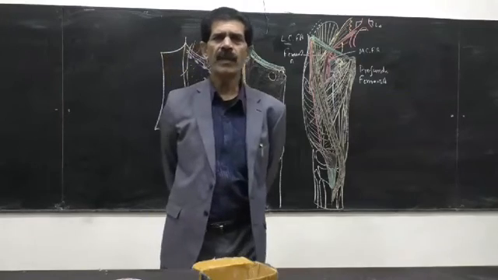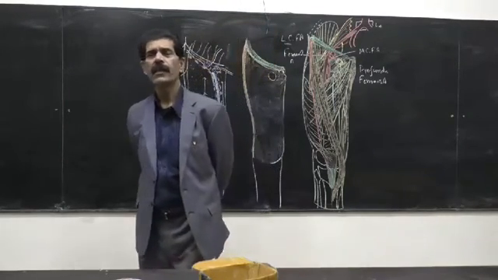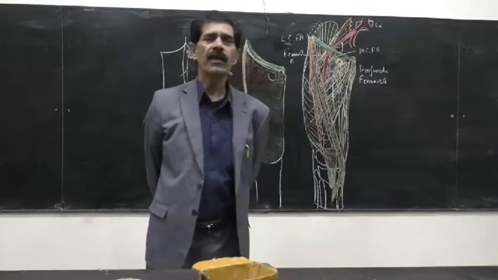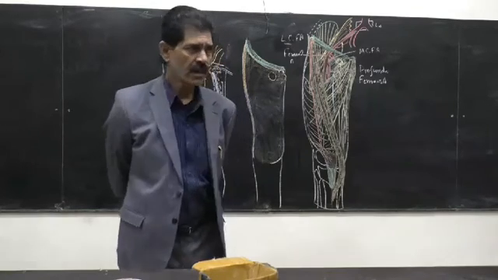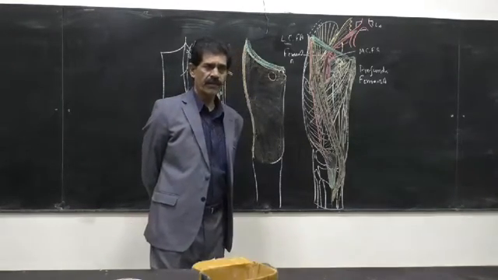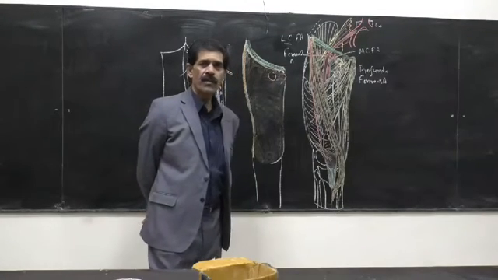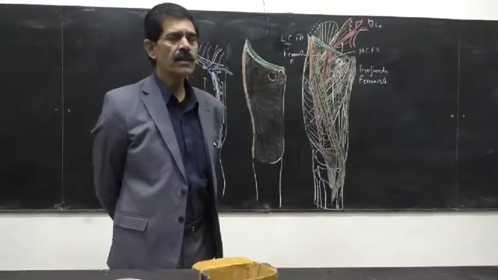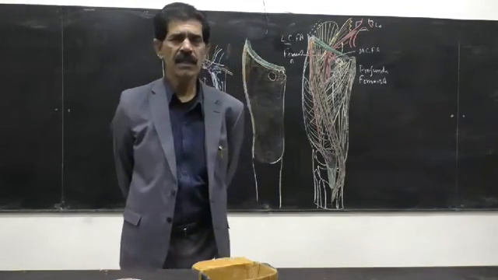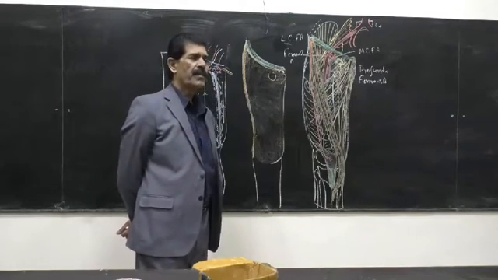From these openings, they go to the posterior part of the thigh and supply the muscles of the back of the thigh. Then this profunda femoris artery terminates as the 4th perforating artery and anastomoses with its own artery. It forms an arterial anastomosis on the posterior surface of the adductor magnus muscle and supplies the hamstring muscles, that is the muscles of the back of the thigh.